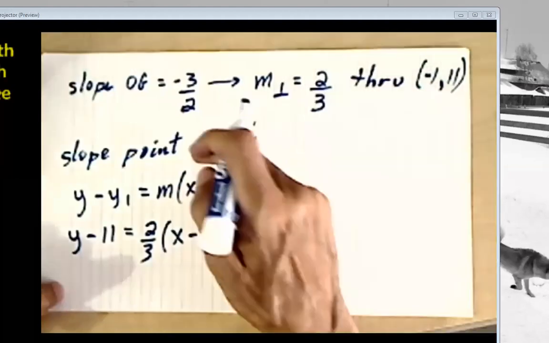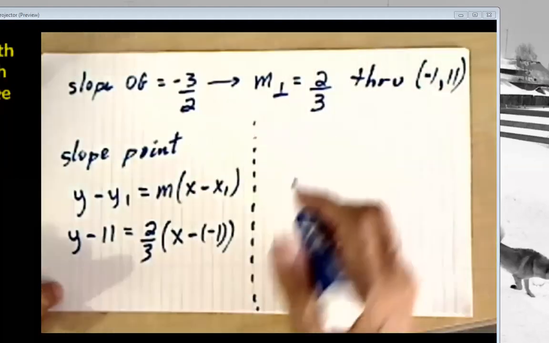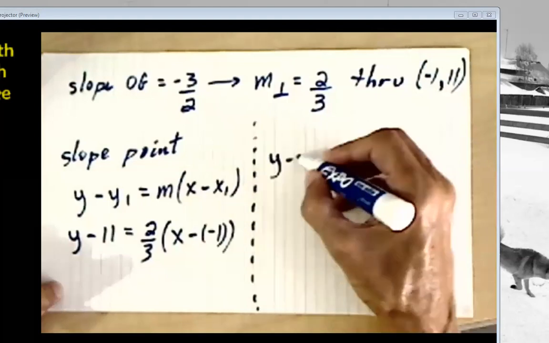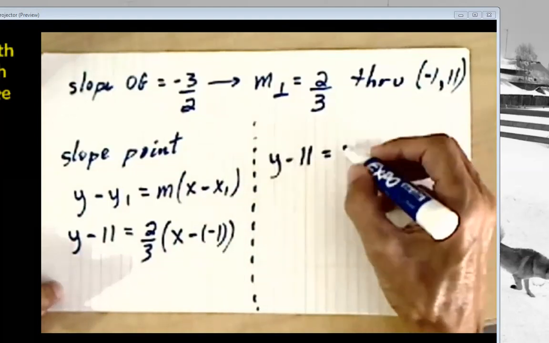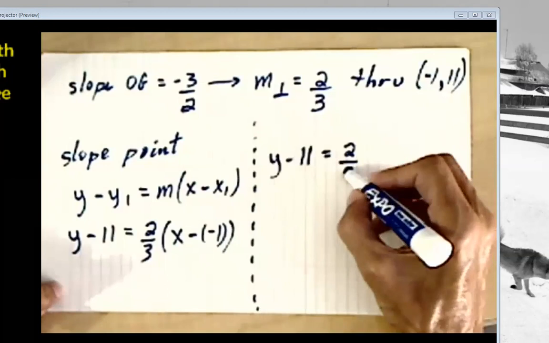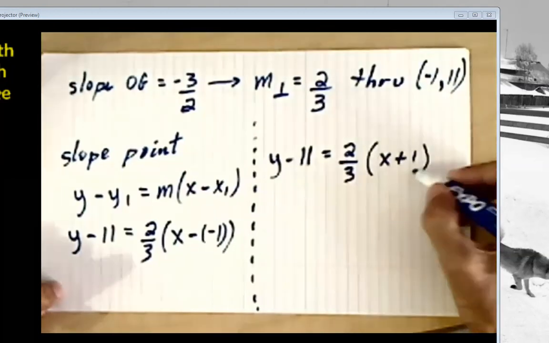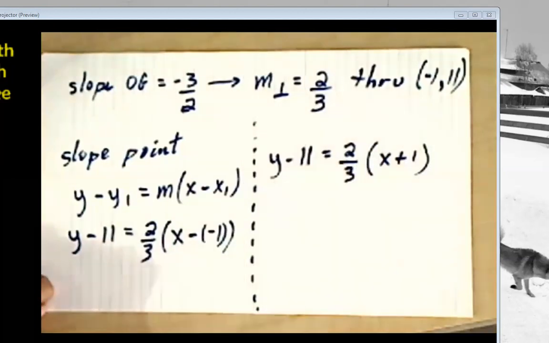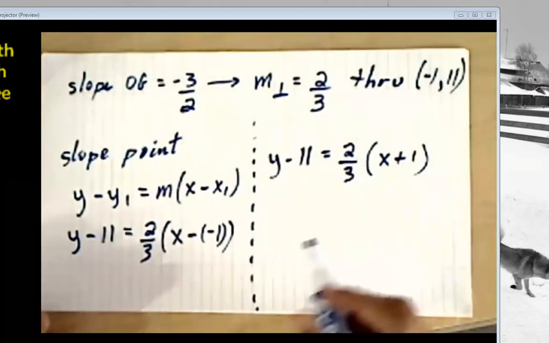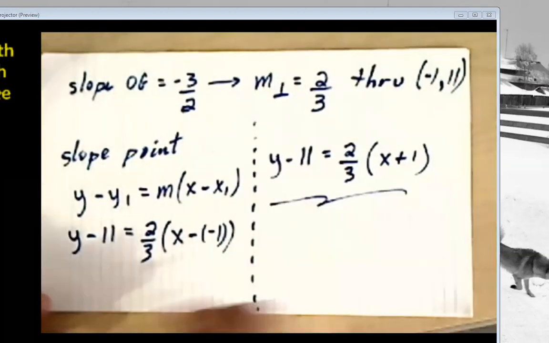And for the slope point form, you just clean up that one little part in there. Y minus 11 equals 2/3 brackets X plus 1, like that. Because the minus of a minus is positive. Finish there.